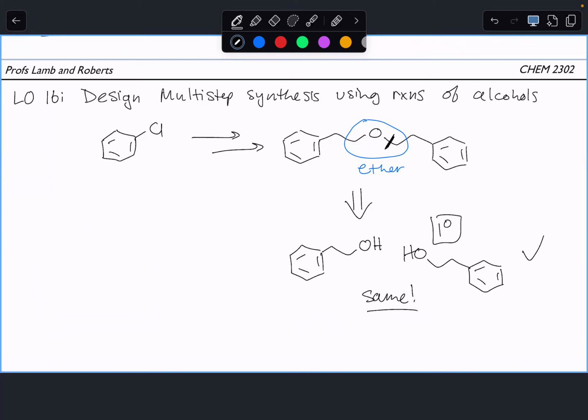Now I know that I have this aromatic ring in my starting material. So that's over here, right? And then I have an alcohol on the 2 carbon away from that group. So I should be able to do a ring opening with ethylene oxide.